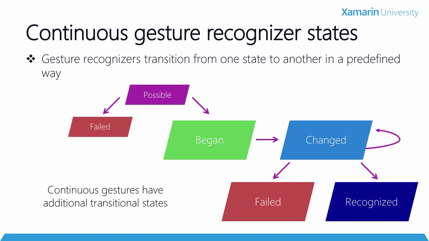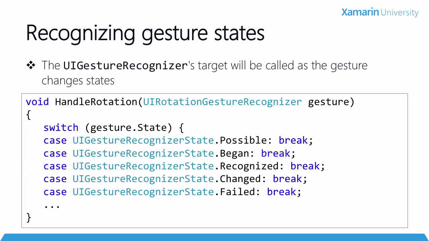As the user continues to interact with the screen, the target will be notified and the state will remain at changed, and this gives us an opportunity to update the UI based on position or gesture specific values as the continuous gesture is being performed. Now, detecting the states is actually quite easy. You're going to compare the state property of the gesture recognizer object that's passed into that target.